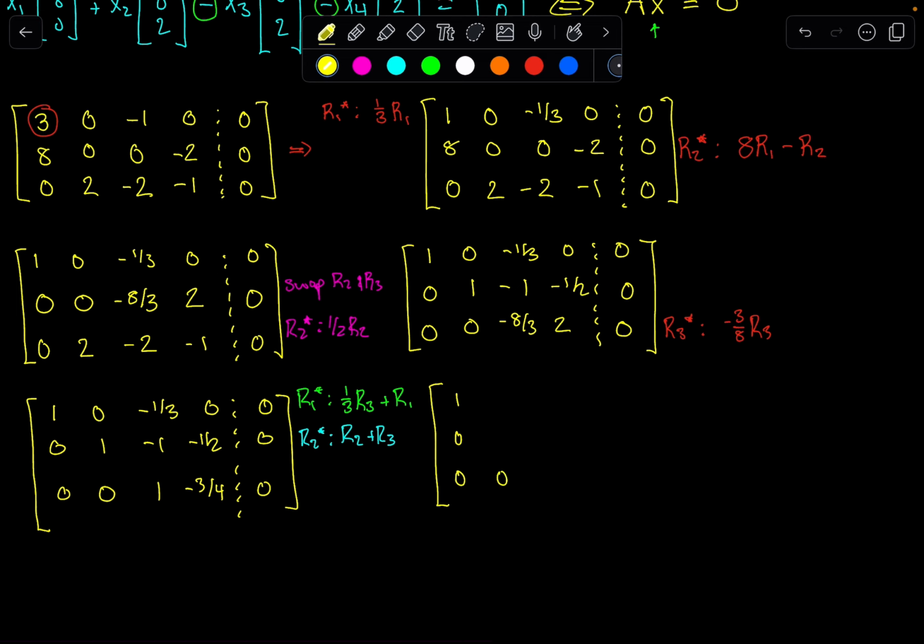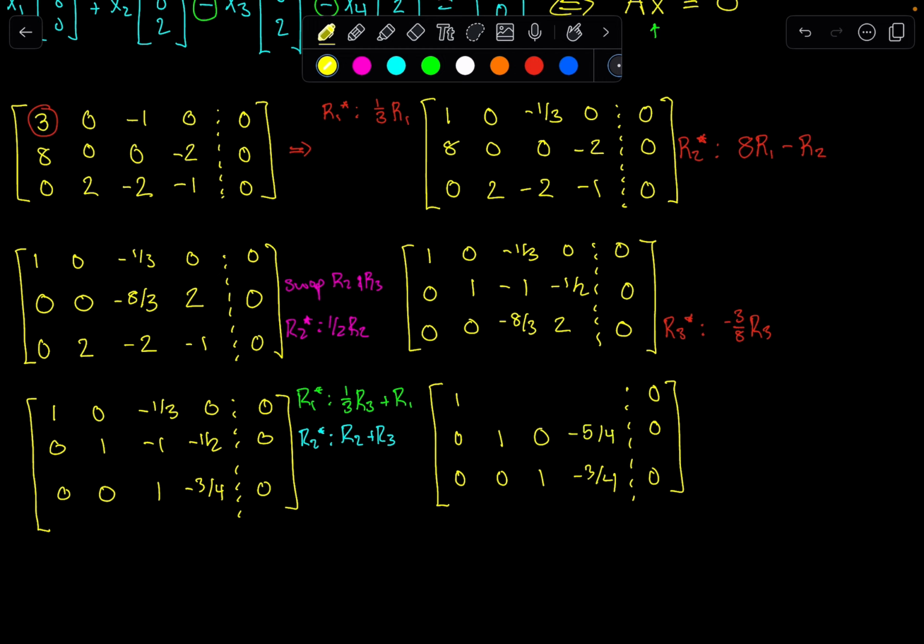My last row is all set, so that's 1, negative 3/4, and then 0, 0, 0. Then we have, okay, so this is 1, this is now a 0. And since I'm just adding those two, negative 1/2 minus 3/4 is the same thing as negative 2/4 minus 3/4, which is a negative 5/4.